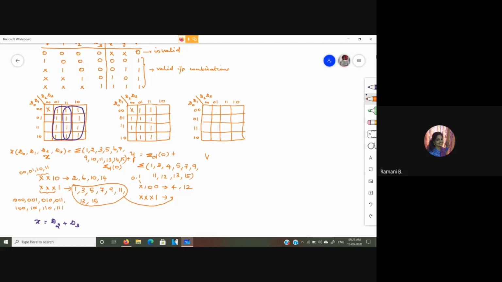Okay. So now here you have an octet over here and you have a quad over here, right? So the expression for y is D3 plus D1 D2 bar, right?